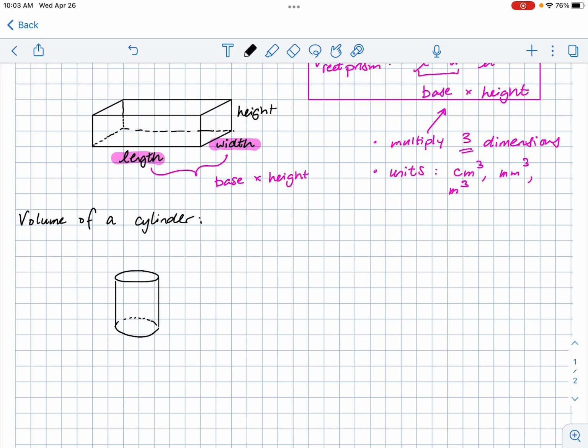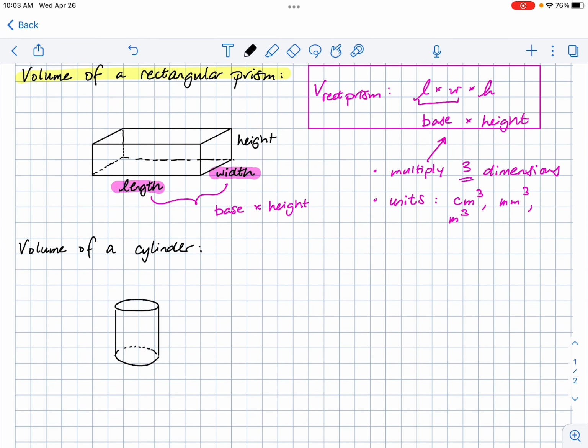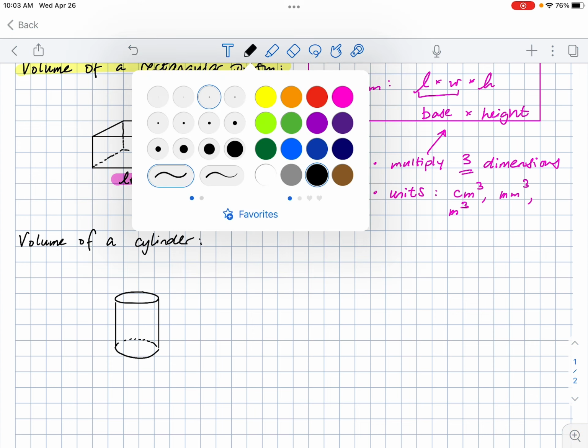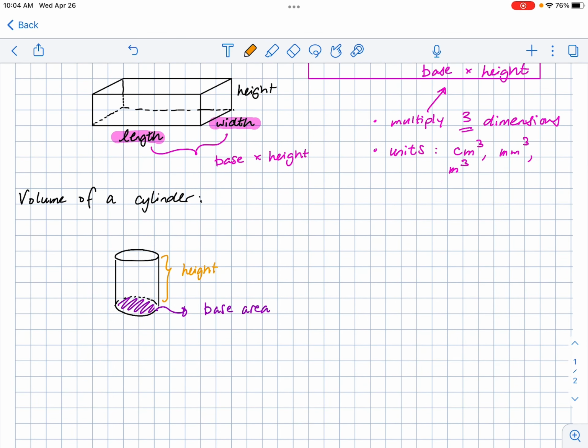Now, it is related to the volume of a rectangular prism. Even though it's a cylinder, it's the same principle for the formula. So what you're doing, I'll do this in purple, is taking the base area and multiplying the height.